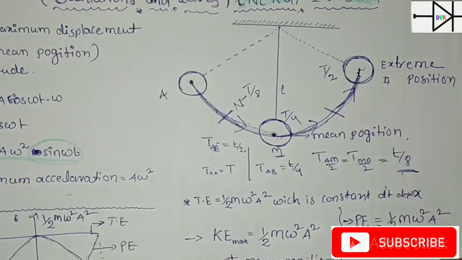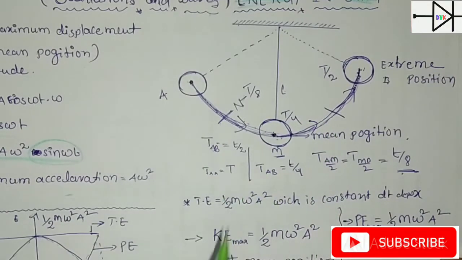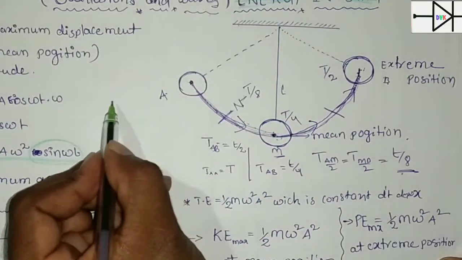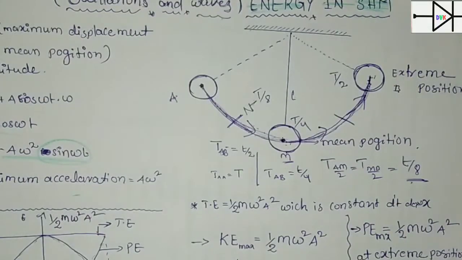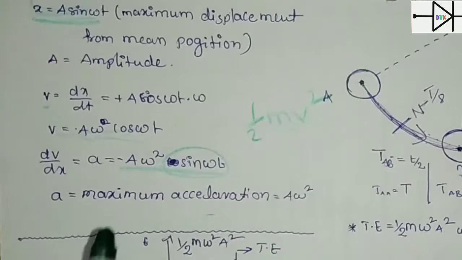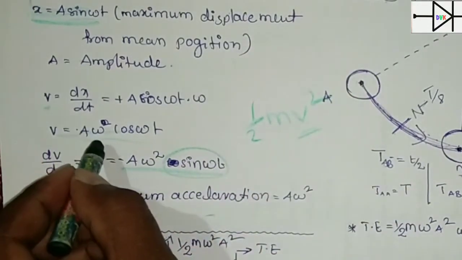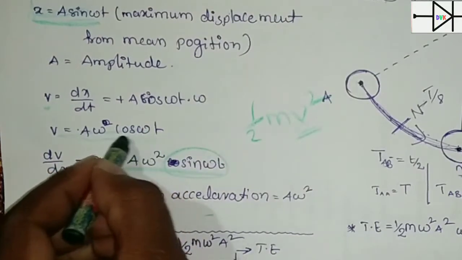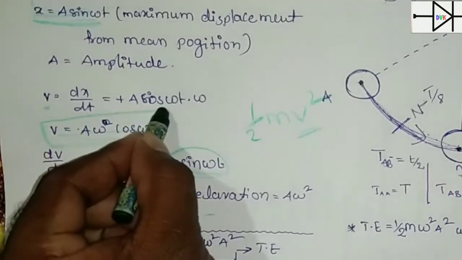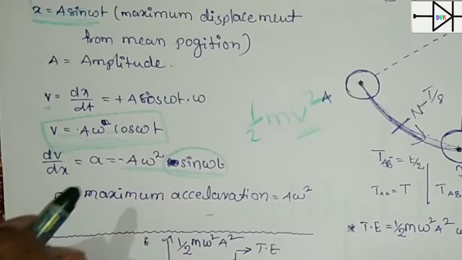Okay. Next, kinetic energy and potential energy. We know very well the kinetic energy formula, half m v square, right? V means velocity. According to the formula here, velocity is equal to A omega cos theta, right?